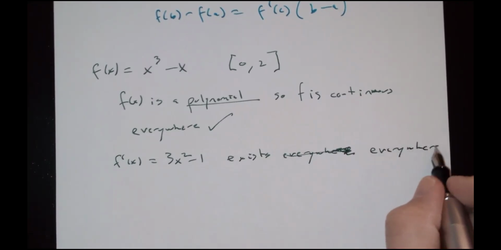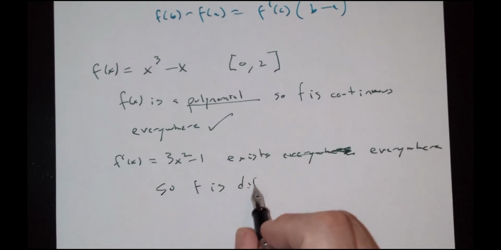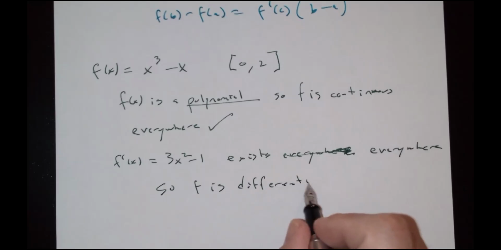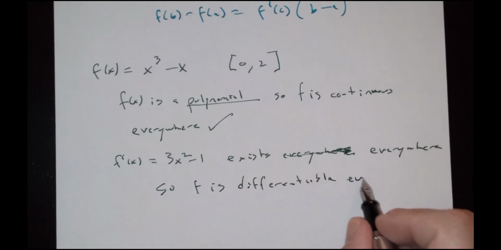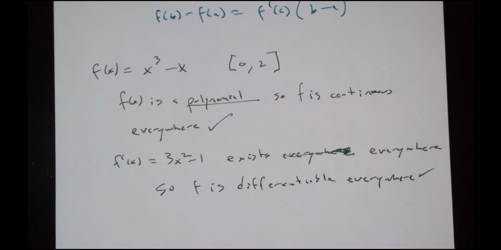So f is differentiable everywhere. And that means it's definitely differentiable between 0 and 2. Maybe not at the ends. No, it's even differentiable at the ends, but it only needs to be differentiable in the middle. Hey, I can use the mean value theorem.